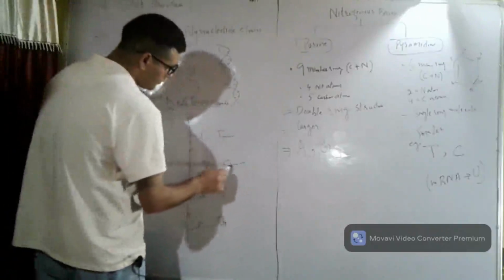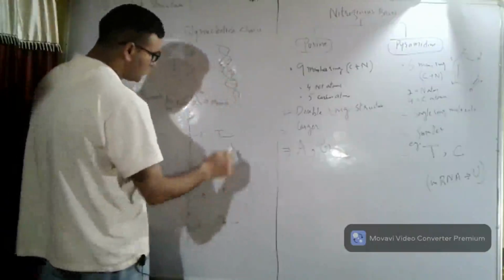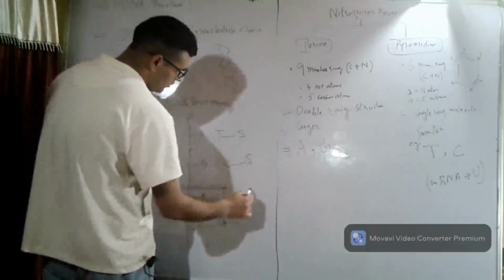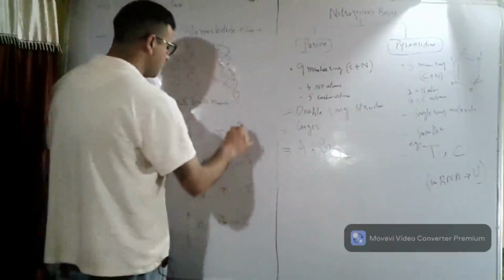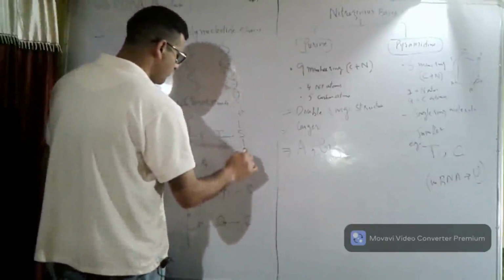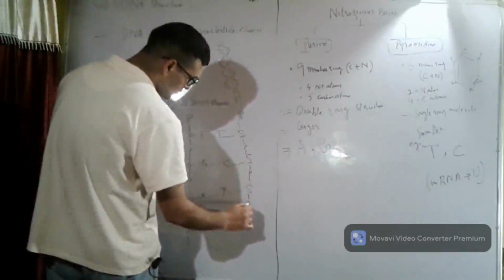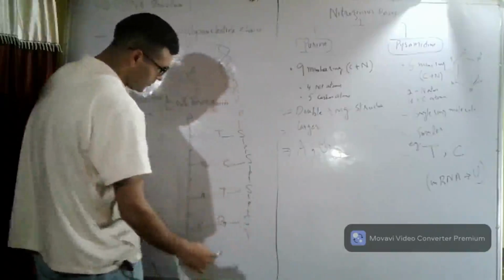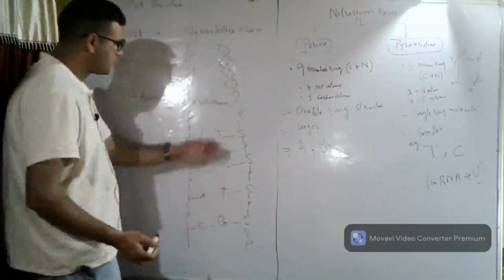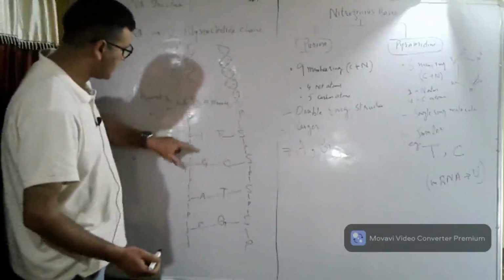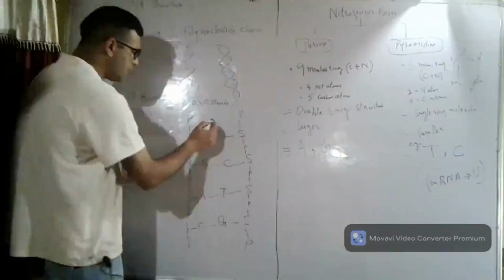This nitrogen base is always attached to the sugar. So we have phosphate here, phosphate, sugar, phosphate, sugar, phosphate. So this is one strand, this is another strand, and this is called a hydrogen bond.